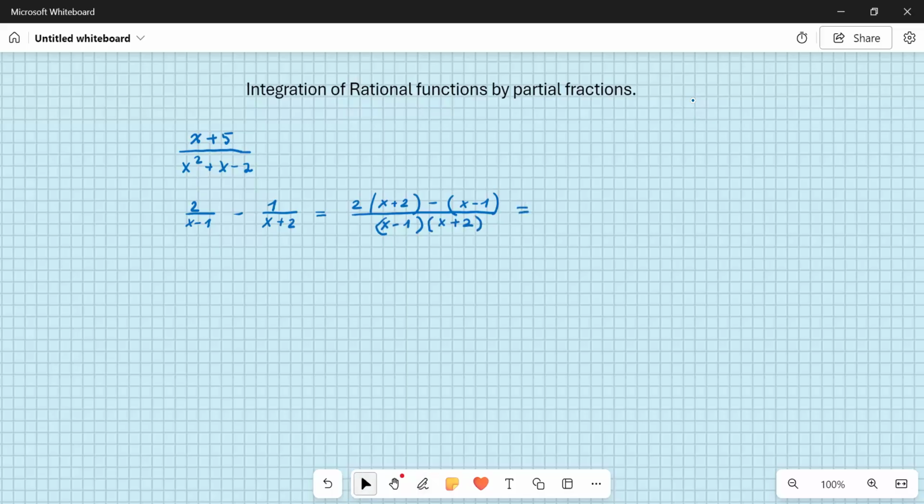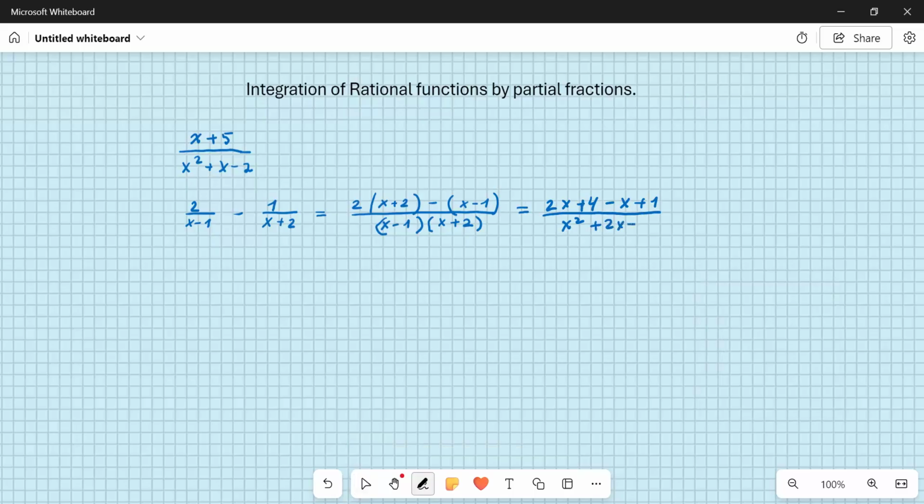First, I'm going to work in numerator. So if I open first parenthesis, I'm going to have 2x plus 4, second parenthesis, plus x minus 1. And I'm going to do the same in denominator. I'm just going to use FOIL here. So I'm going to have x squared, x by x, right?